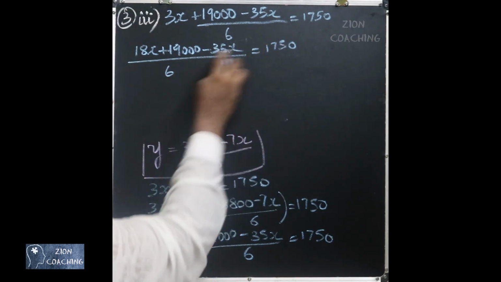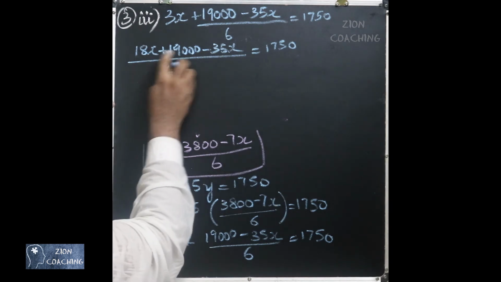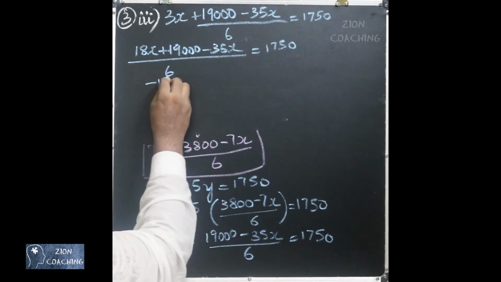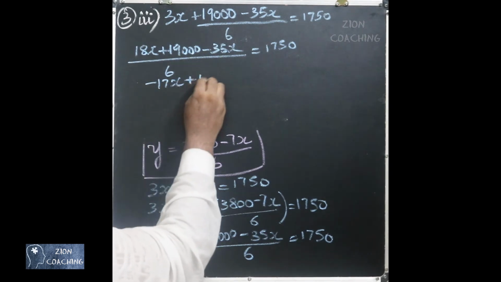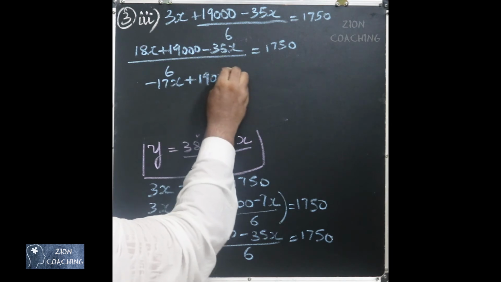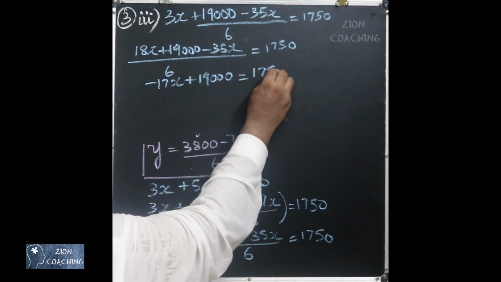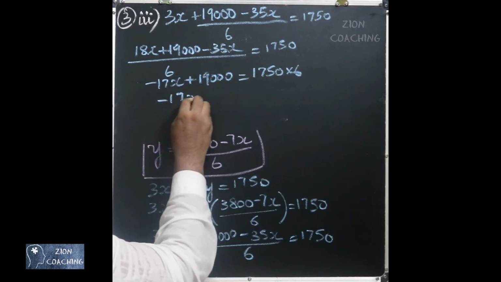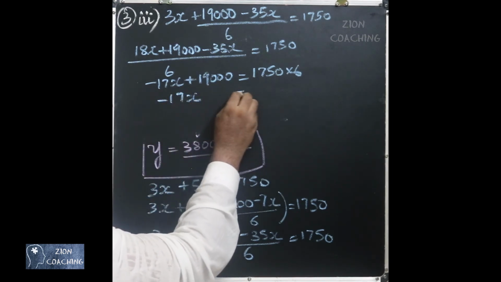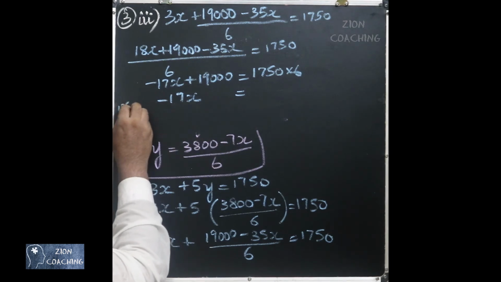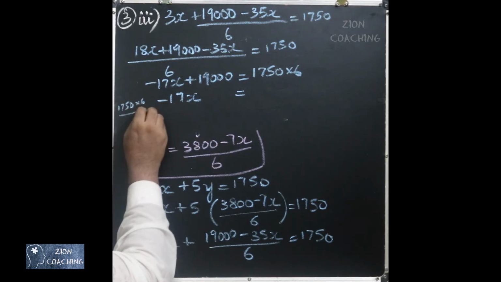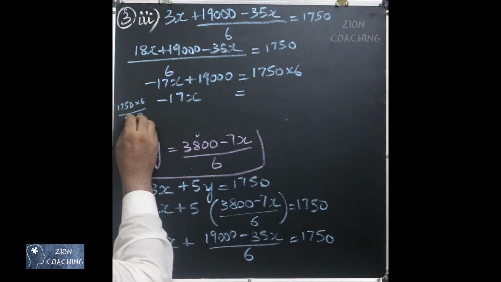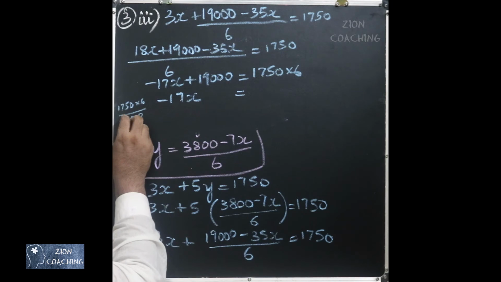When you take this 6 to the other side, then we will solve the numerator also. So we will have minus 17x plus 19,000 equal to 1750 into 6. So we are going to have minus 17x equal to 1750 into 6, which is 0 into 6 0, 5 6s are 30, carry 3, 7 6s are 42, 45, carry 4.